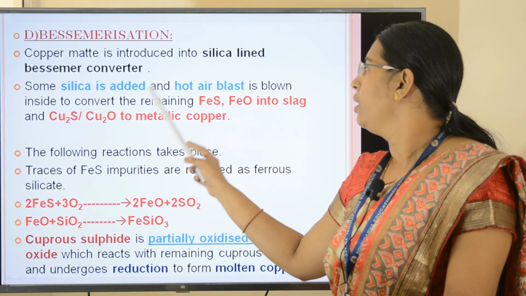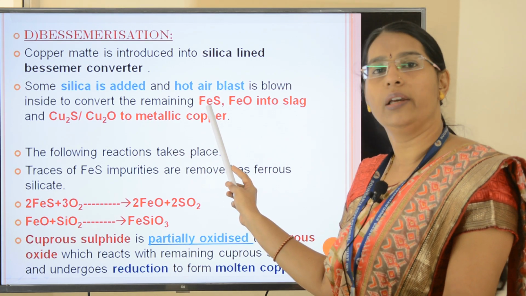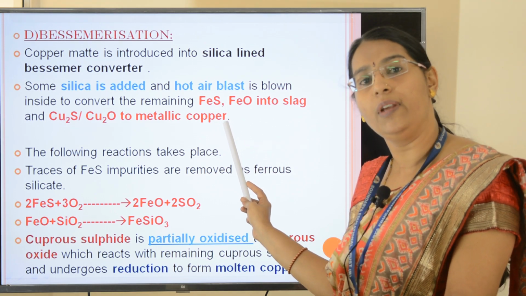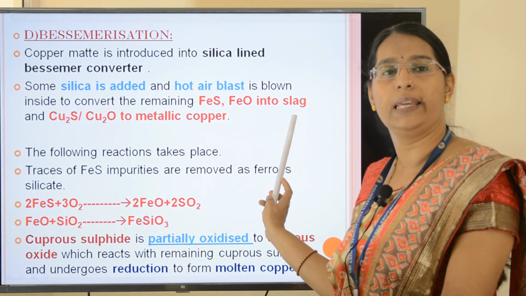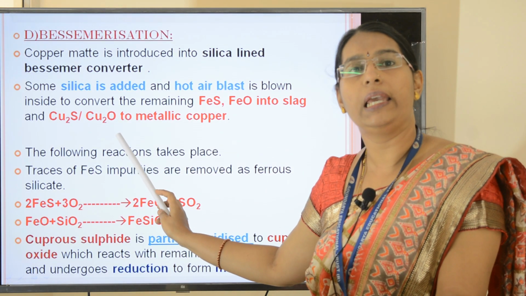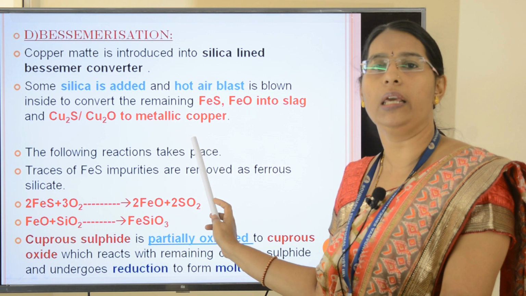Then inside the converter, if some ferrous sulfide or ferrous oxide is remaining, that will be converted into ferrous silicate slag, and cuprous sulfide and cuprous oxide is converted into metallic copper.